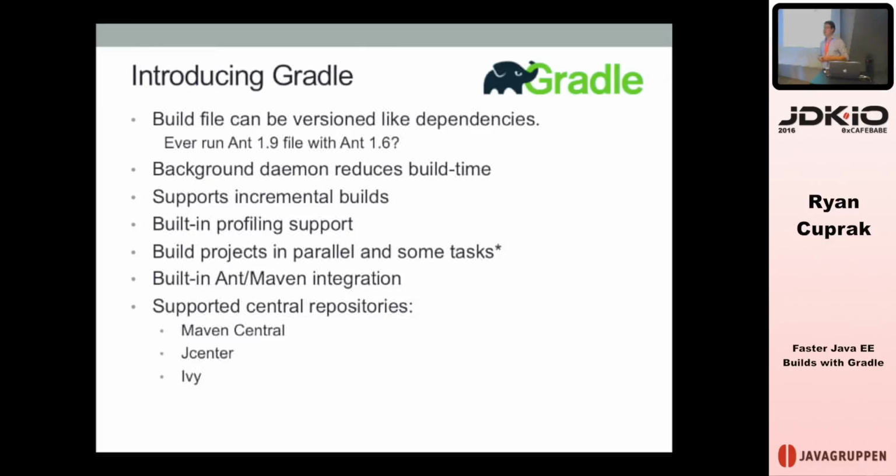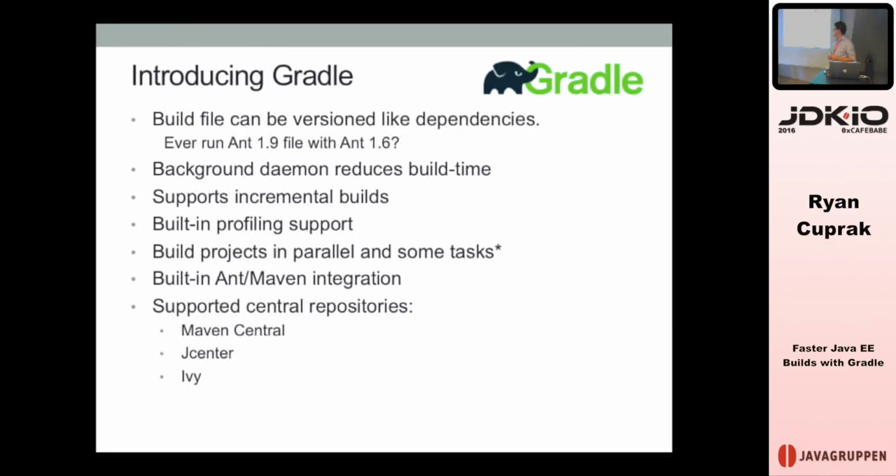It wasn't backwards compatible. Gradle has a background build daemon to reduce build time, supports incremental builds, and has built-in profiling support, allowing you to find out where it spent the time during the build. It can build projects in parallel, and also some tasks, I put an asterisk because that's, I believe, an incubating feature still.